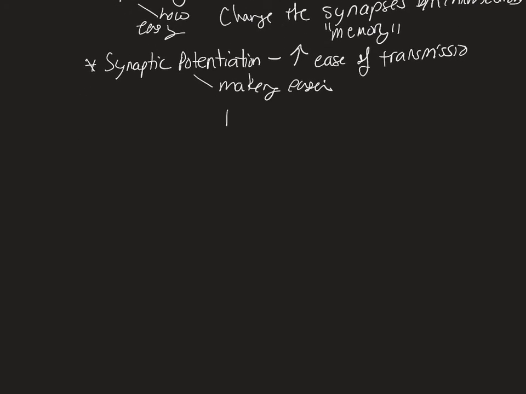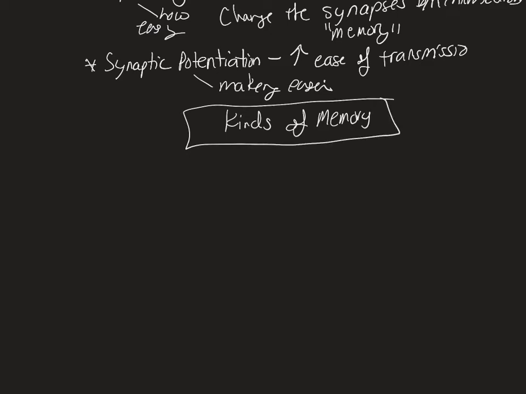Now, in terms of kinds of memory, okay, we can break that up into 3 different categories. You have immediate memory, okay? You've got kind of an in-between, which is short-term memory, and then you've got long-term memory, okay?